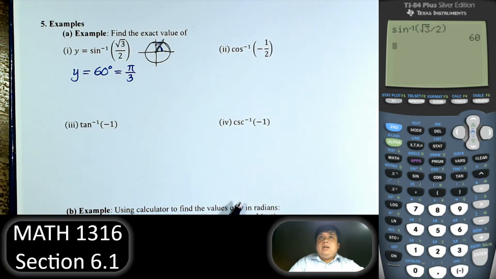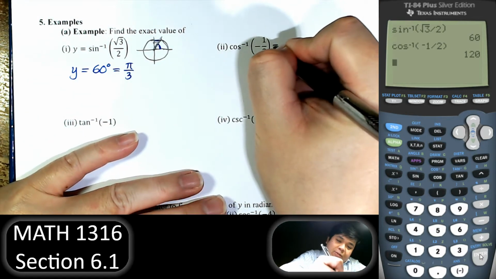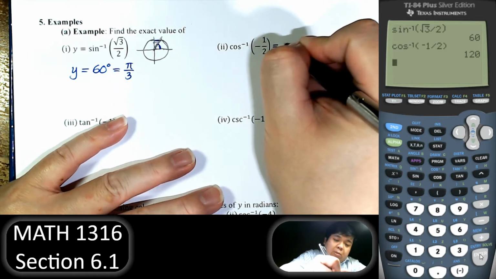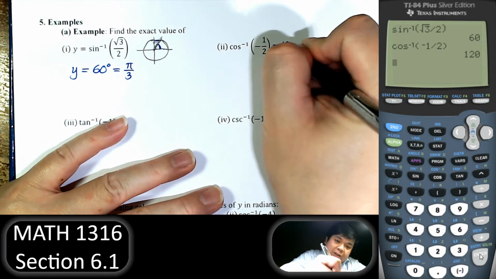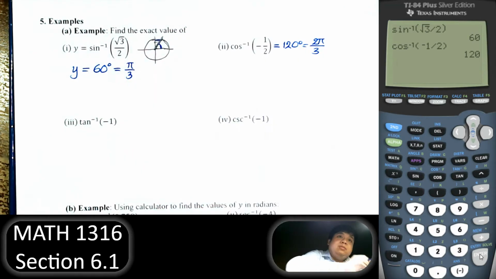So that's good. Now cosine inverse of negative 1/2. That's 120 degrees, which is 2 pi over 3 radian.